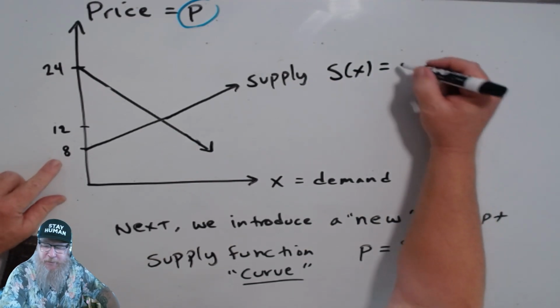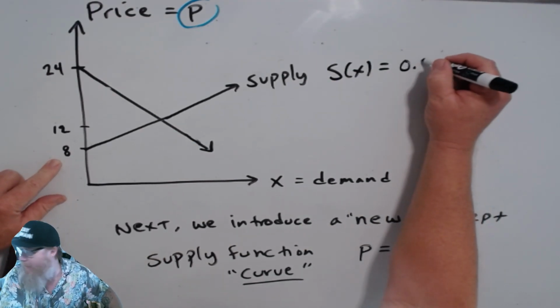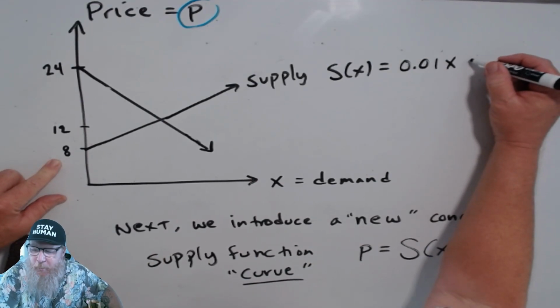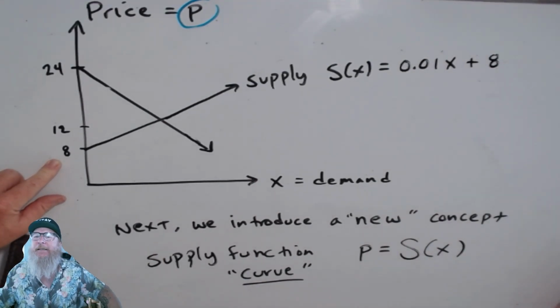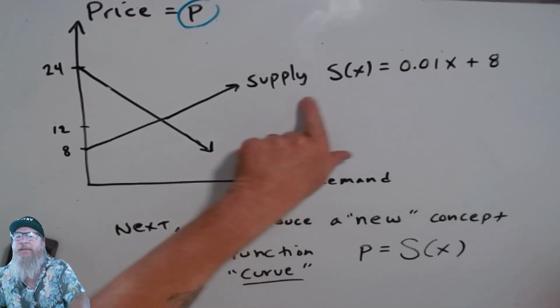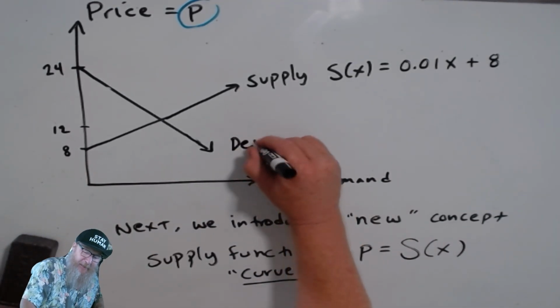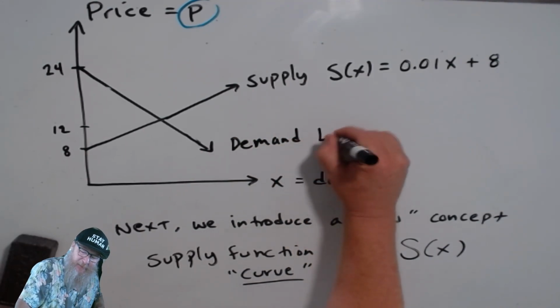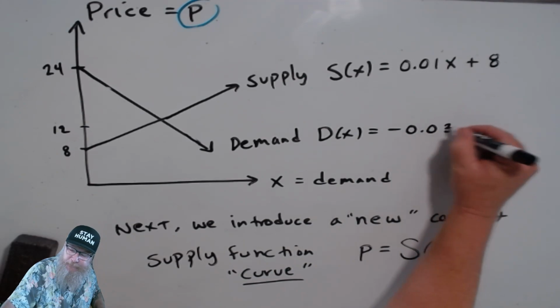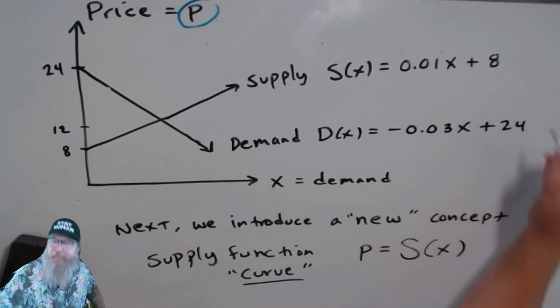And the supply function I'm using is positive 0.01 x plus 8. So supply is increasing. And then demand is decreasing.